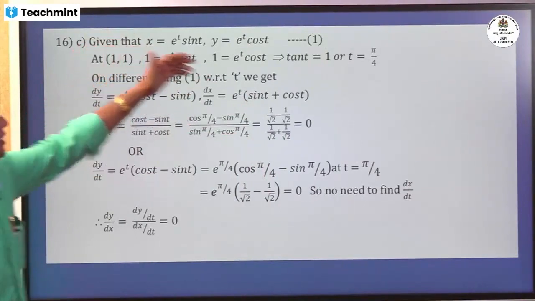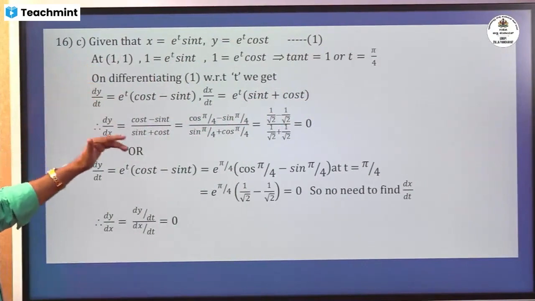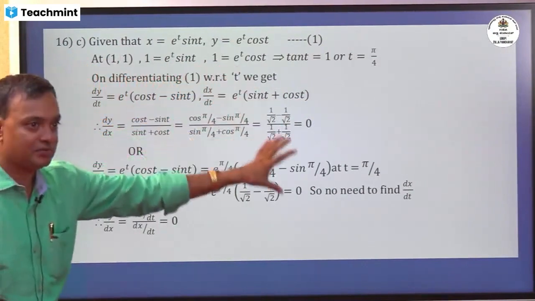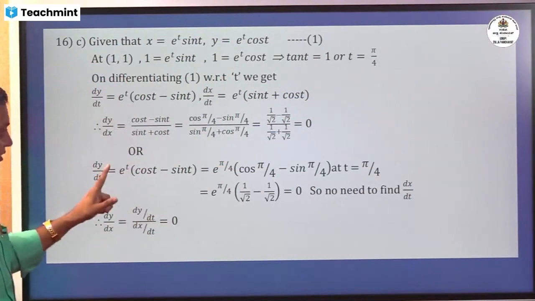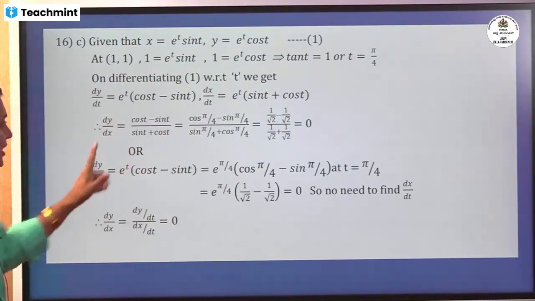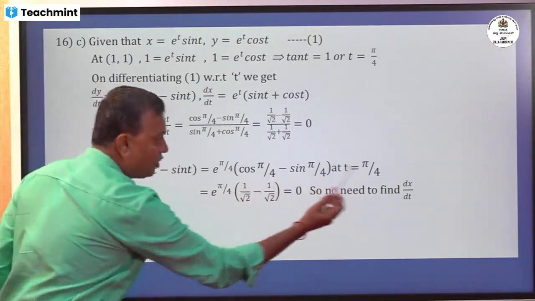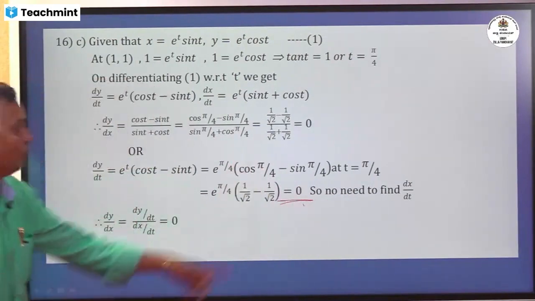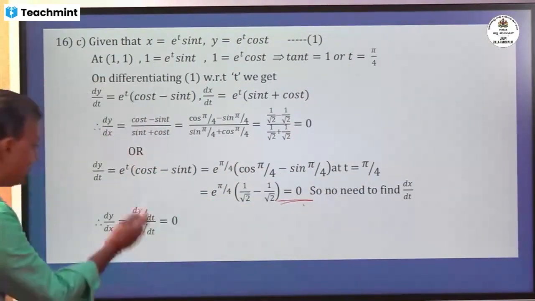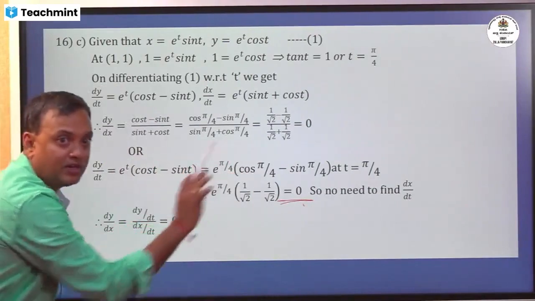Find at t equal to pi by 4, find dy by dt and dx by dt, like this. But here already discussed, this is better. Find dy by dt first. Getting dy by dt at t equal to pi by 4, we get dy by dx is 0. So no need to find dx by dt. Numerator becomes 0. Suppose if denominator is 0, no option, not defined is there.